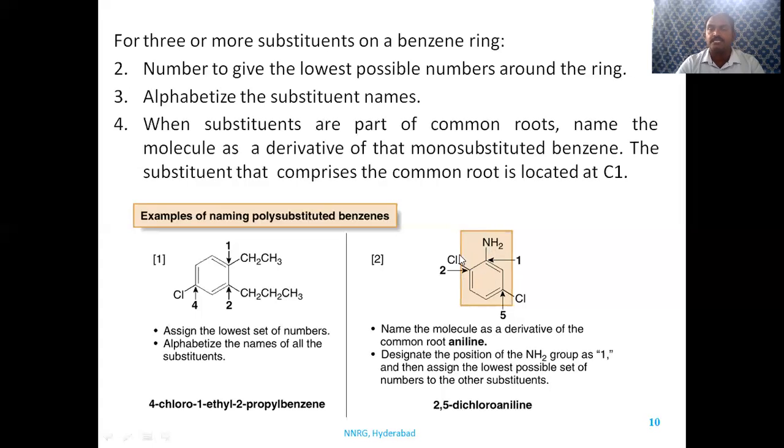Here you have a chlorine substituent, and here you do not have a substituent. I should not go from this side, I should go from this side. So chlorine gets the least possible number, 2, and next 3, 4, and at the 5th position you have one more chlorine. So it is an aniline molecule with chlorine at the 2 position and 5 position. It is 2,5-dichloroaniline. So like this you can name the molecule.